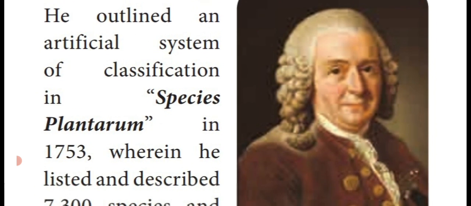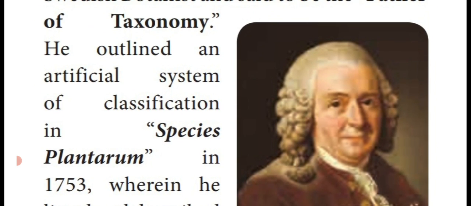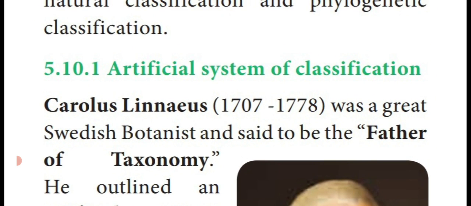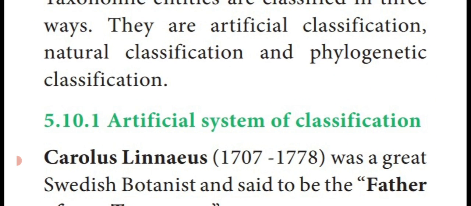Dear students, see the diagram. This is Carolus Linnaeus, father of taxonomy, 1707 to 1778. He proposed the classification known as the artificial system of classification. It is an important question: he was a great Swedish botanist named father of taxonomy.